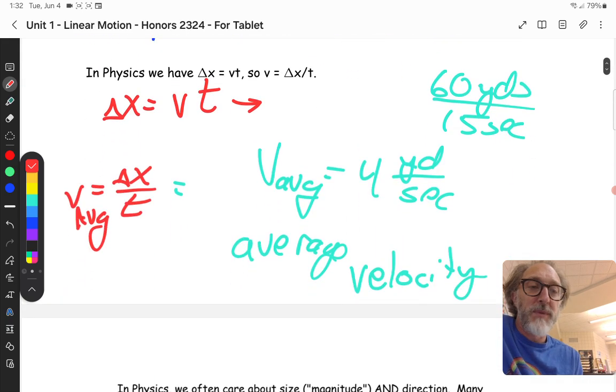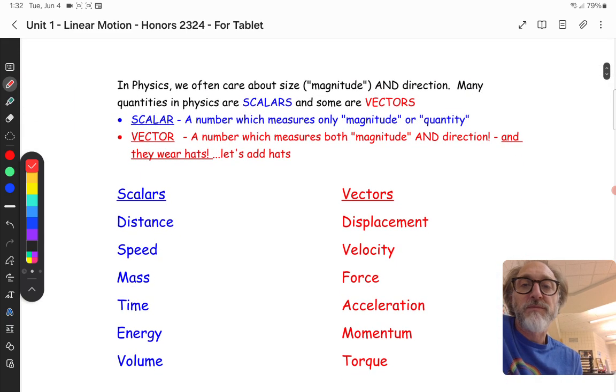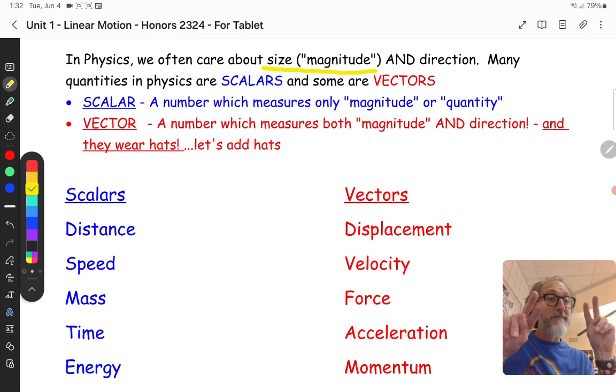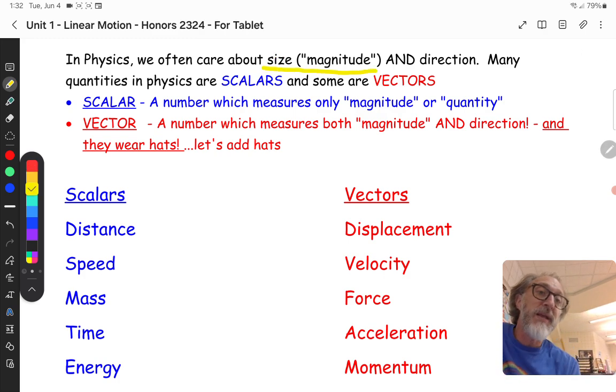So here we go. All right, so in physics, we often care about the size, we call that the magnitude of a quantity, and the direction. All right, so a lot of the concepts that we talk about this year in physics are called scalars, and a lot of them are called vectors.